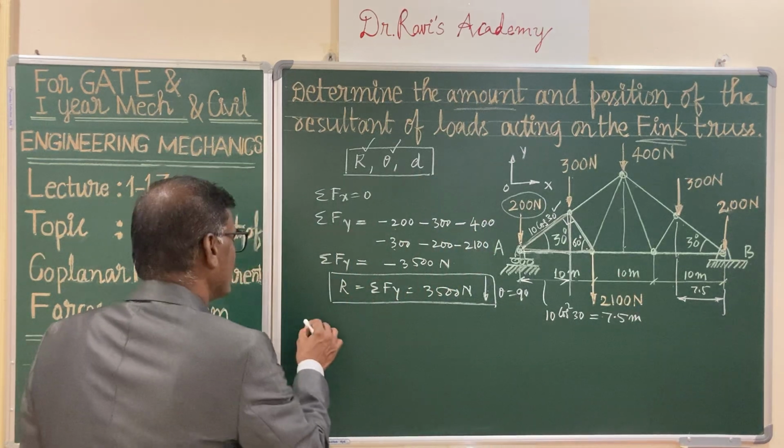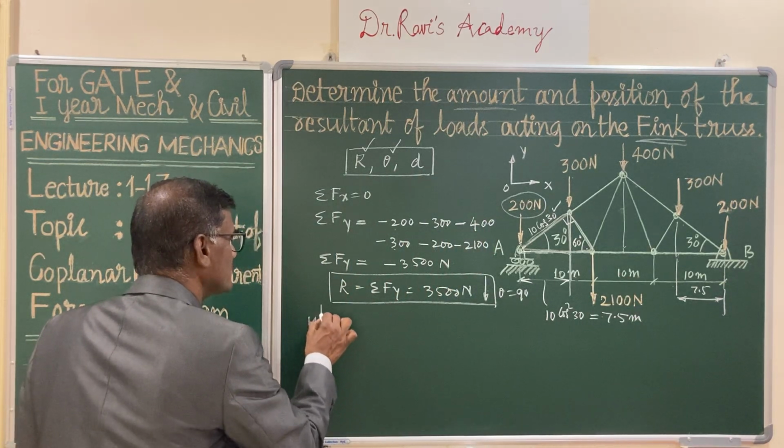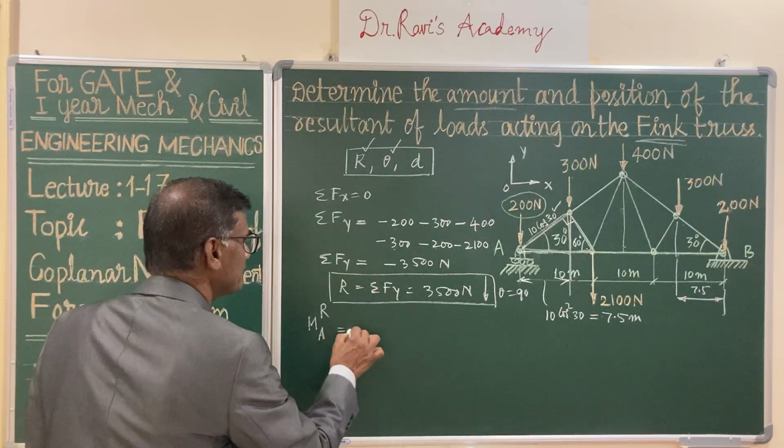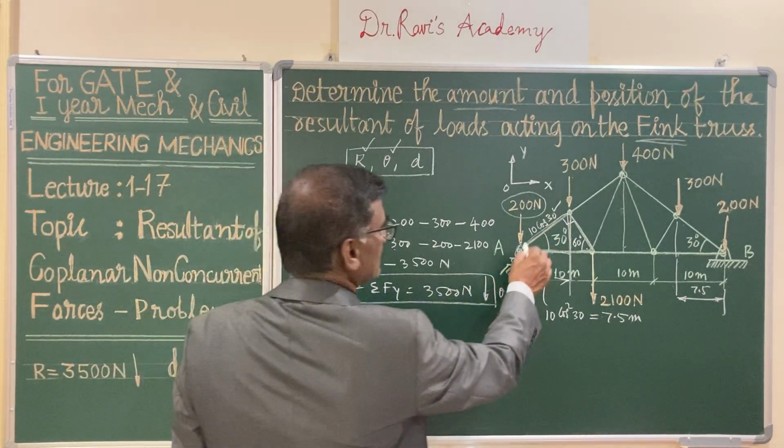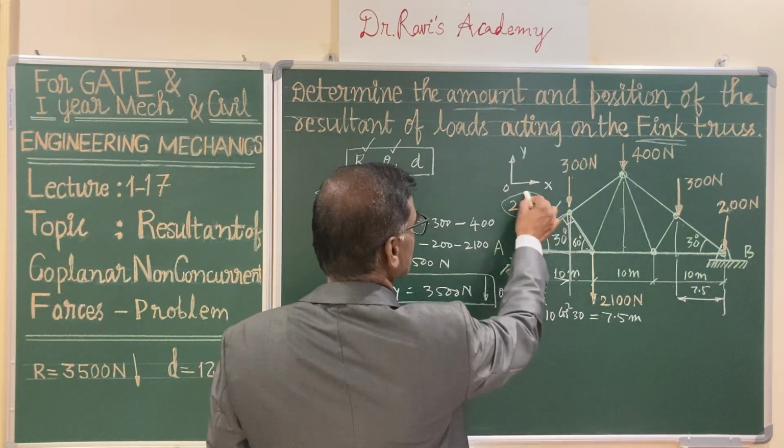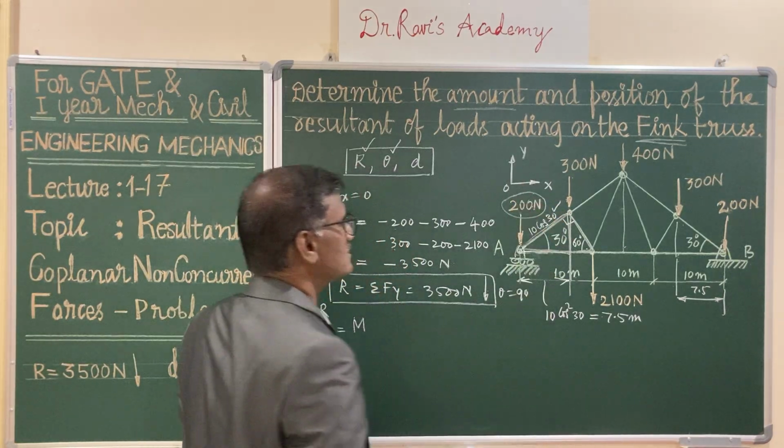Now let us apply Varignon's theorem. The moment of the resultant force about point A is the sum of the moments of all the component forces. This particular component force is passing through the moment center, and there is no moment contributed by this force.